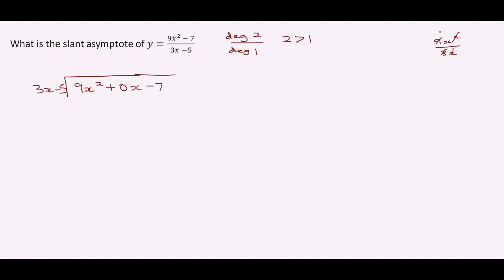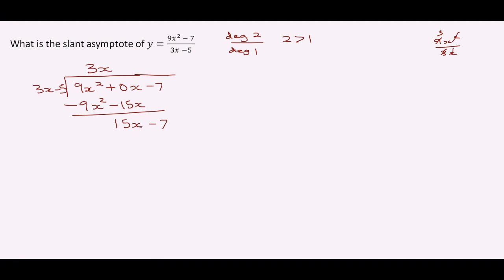So we have 3x. 3x multiplied by 3x is 9x squared. 3x multiplied by minus 5, we have minus 15x. So we subtract, we get a 0 here, 0 minus minus 15, we have 15x minus 7.